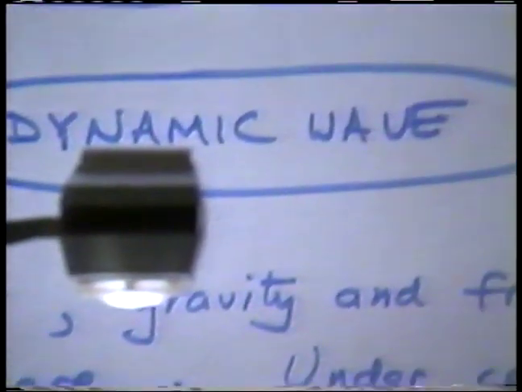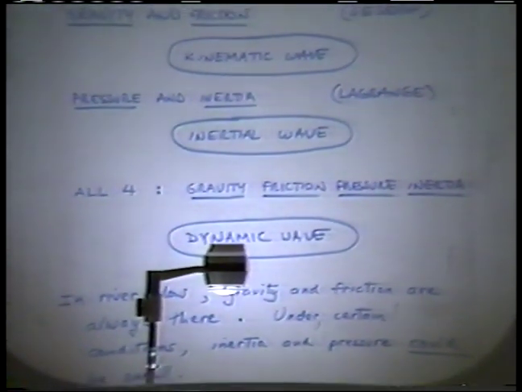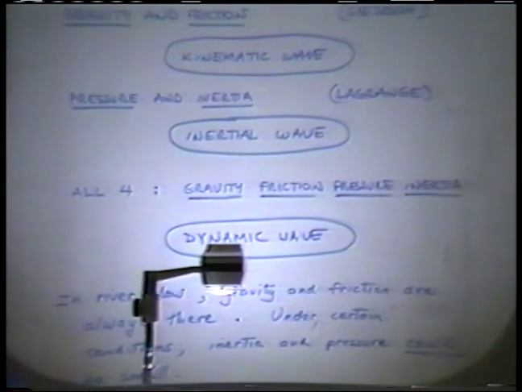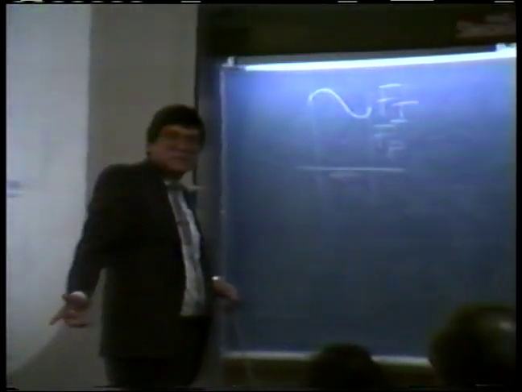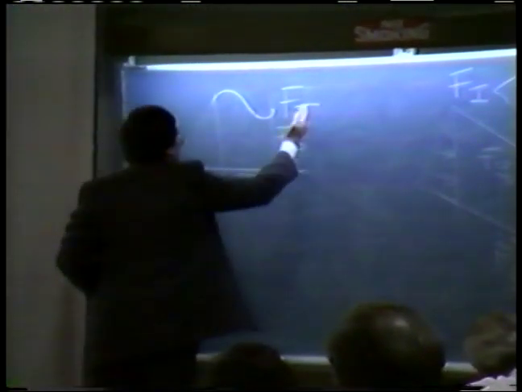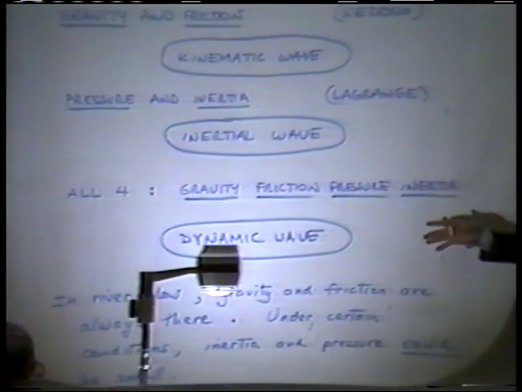In most books you will see this referred to as gravity wave. I don't like the word gravity wave, because I was saying in here that I'm taking gravity out of it. How could I call it gravity wave? To me it's more like a balance between inertia and pressure. And in fact the Dutch had realized this many years ago and had started calling it inertial wave. And I followed in their tracks.